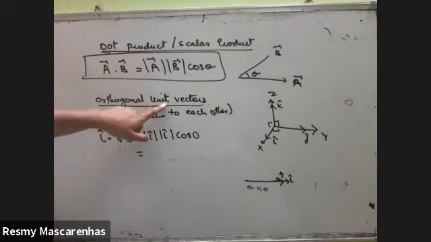One more condition, note, write a note and keep. I can just remember it as properties. First one, a bar dot b bar is same as b bar dot a bar.